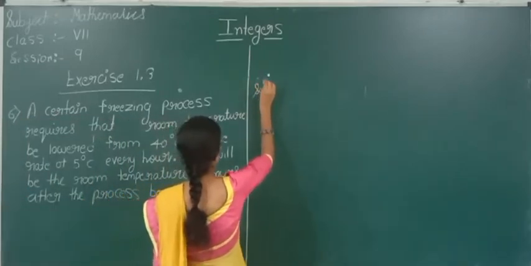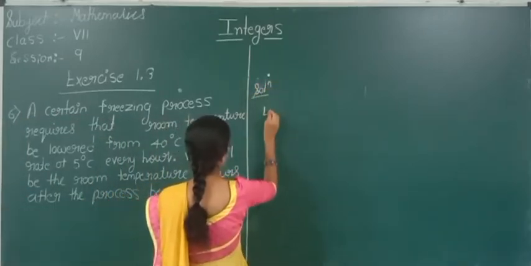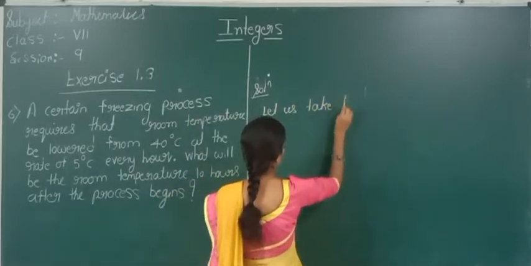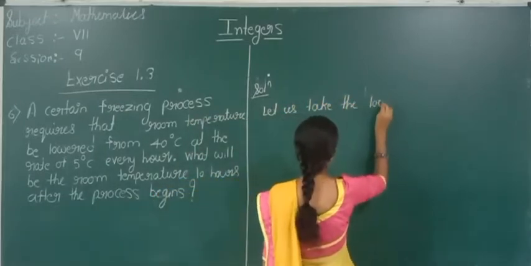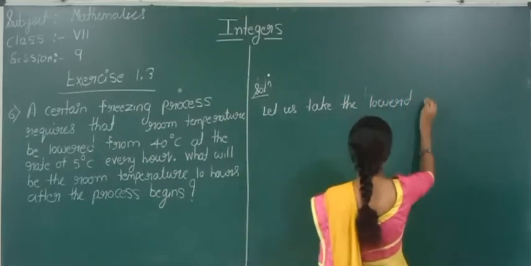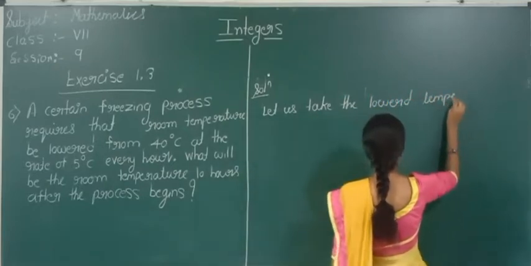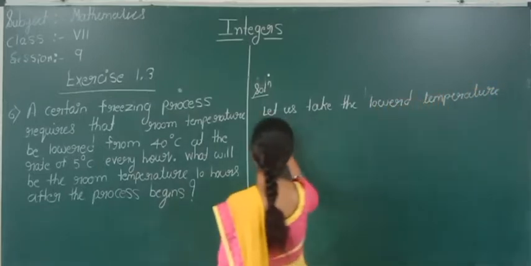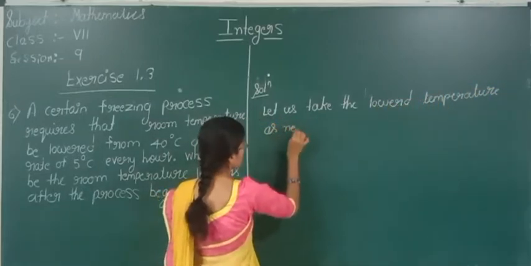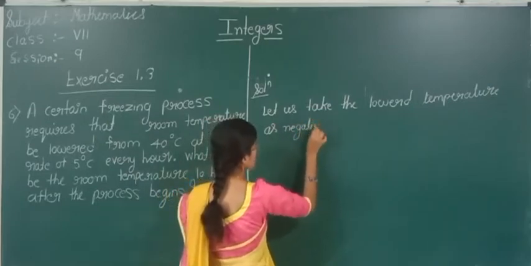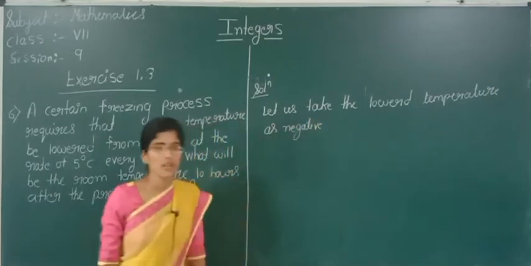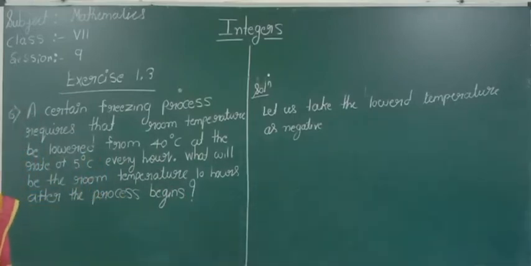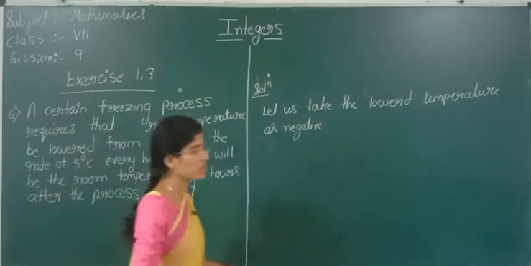See here, solution. Let us take the lowered temperature as negative. Say in the last problem, how we took an elevator moving above, meaning we took the distance as positive.